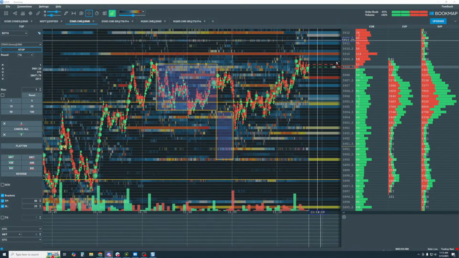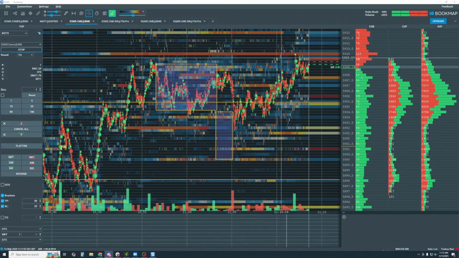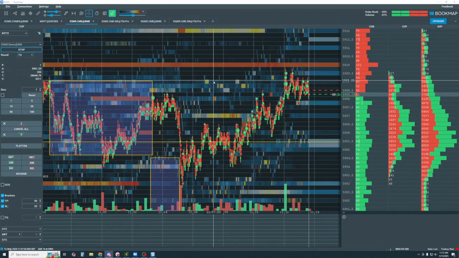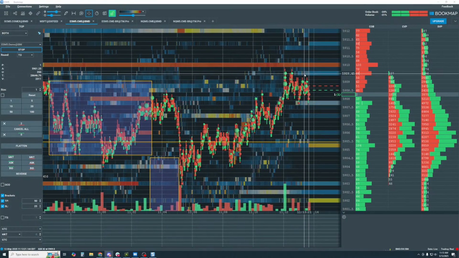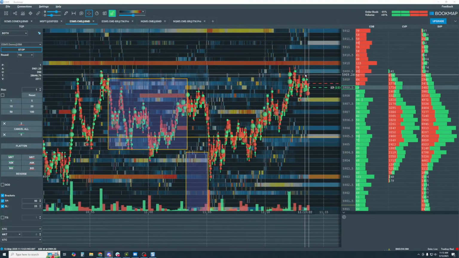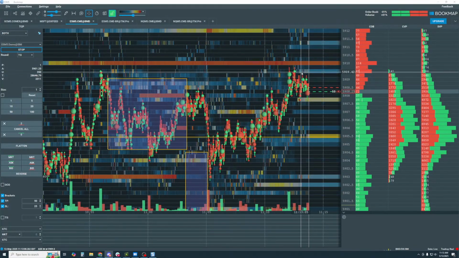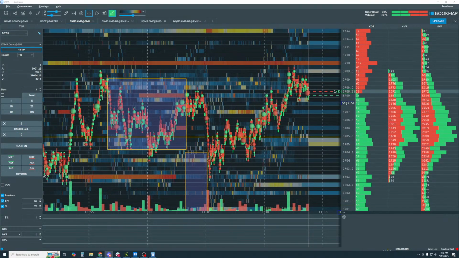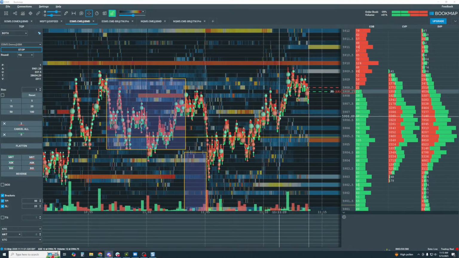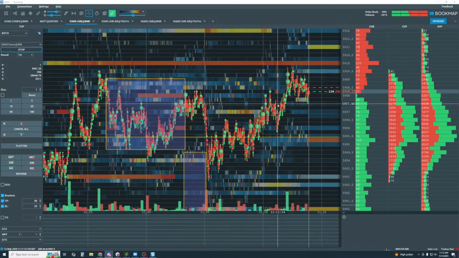You can make the same argument right here, right now, and if you did, you'd be getting in on a break of this up here, if this was a small opening range breakout trade. I don't know, that's the way I view it.